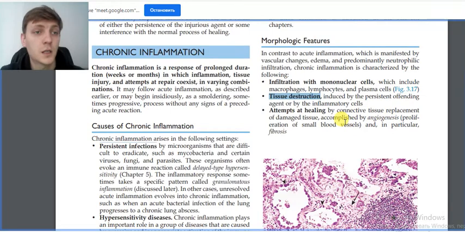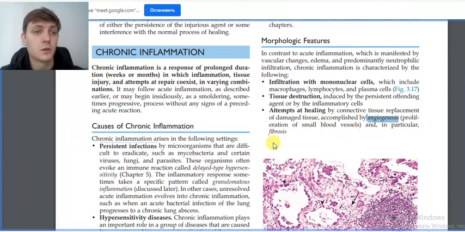But the offending agent is not relieved. That's why attempts at healing are present, and then we have connective tissue replacement of damaged tissue. This is present with angiogenesis, a proliferation of small blood vessels, and why it happens we'll discuss right now.